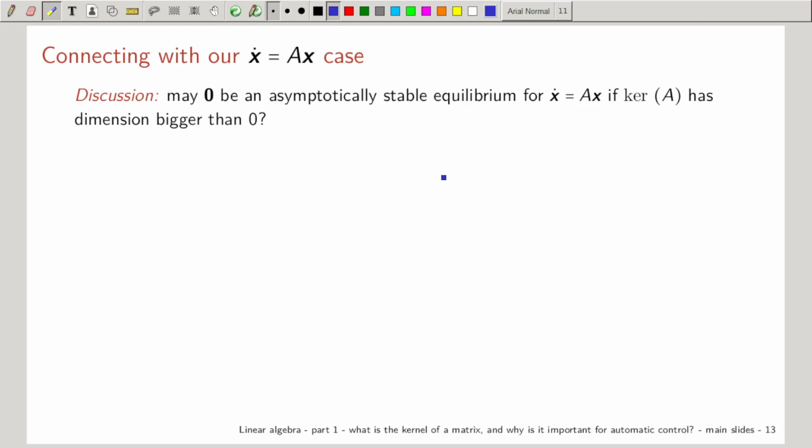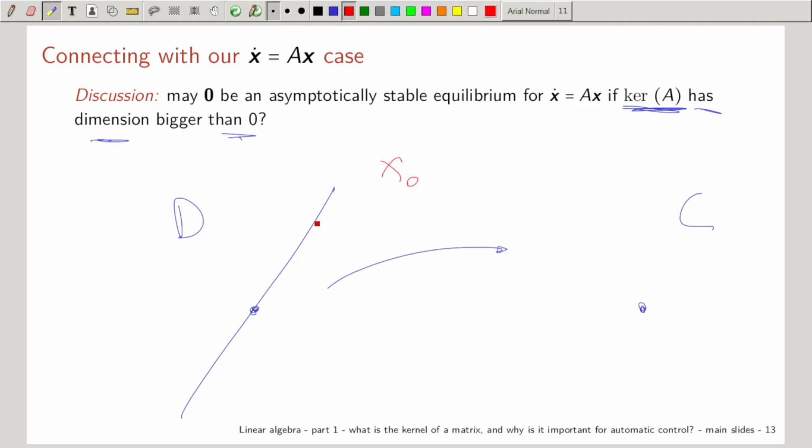Let's go back to the main question that we were having before. Let's assume that the kernel of A has dimension bigger than 0. That means in the domain, all this line gets mapped into 0 in the codomain. That means if I have x0, that is my initial condition here, or here, or here, or here, and I write this autonomous system, do I move?